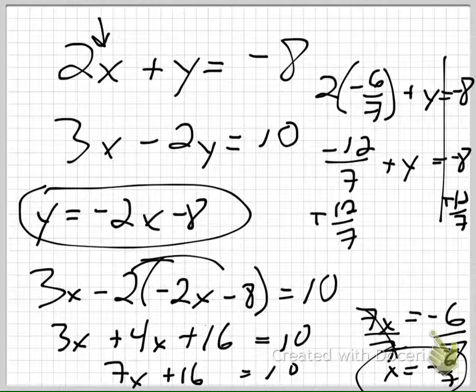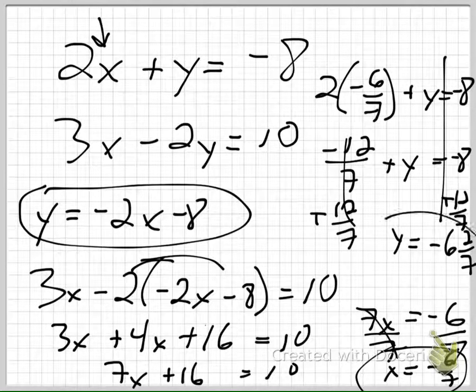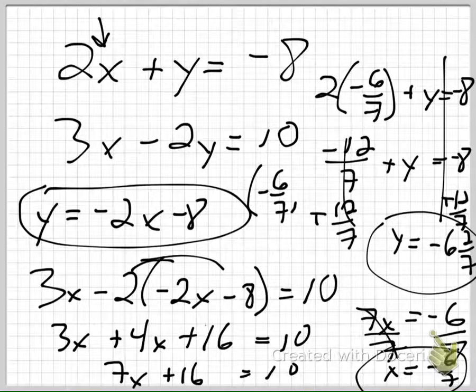You couldn't graph this. y equals, what is negative 8 plus 12/7? That is negative 6 and 2/7. There's my spot right there. The answer would be negative 6/7 and negative 6 2/7. It's a mess, right? But that's how you do it.